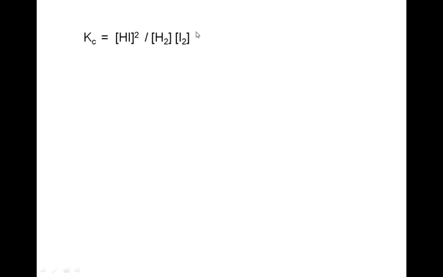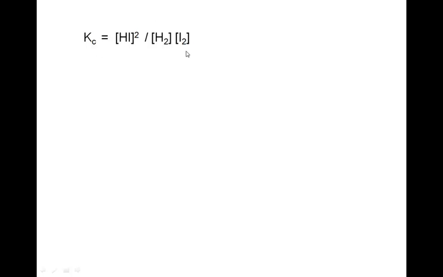So whatever these concentrations start out as, whether it's all H2 and I2 or whether it's all HI, we will establish an equilibrium between the three. And of course, those concentrations, when placed into this equation, have to come out to be equal to the K sub C.